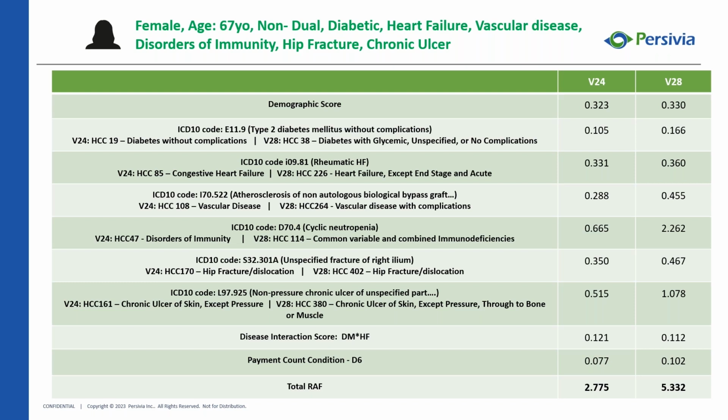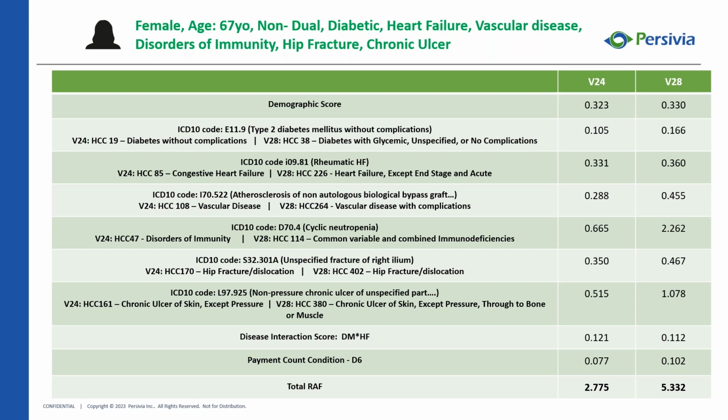You will also see here HCC 19 under version 24, which is diabetes without complication, has a RAF of 0.105, whereas HCC 38 under version 28, which is diabetes with glycemic, unspecified or no complications, has a RAF of 0.166, slightly higher than HCC 19 under version 24.